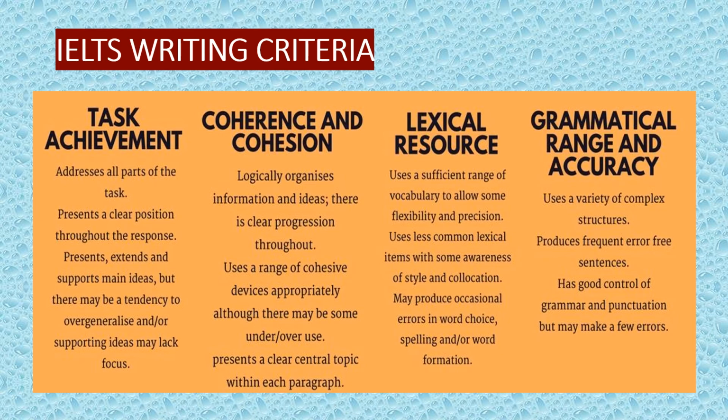But there may be a tendency to overgeneralize, and supporting ideas may lack focus. Coherence and cohesion is majorly your information and organizing your points and ideas. Lexical resources, again, your vocabulary, and grammatical range is again using complex structures and good grammar and punctuation.